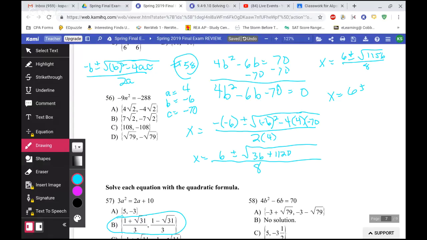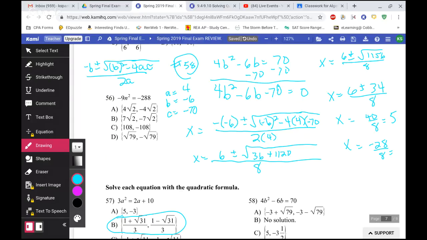So you would write 6 plus or minus, thank you, Sam, 34 over 8. You're welcome. So that might be another good thing to check out. All right, so now 6 plus 34 is 40 over 8. 6 minus 34 is negative 28 over 8. 40 divided by 8 reduces to 5.